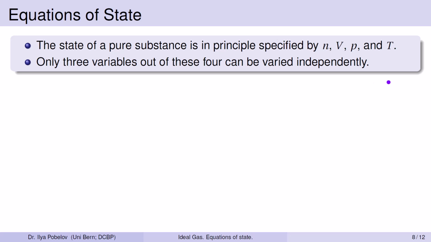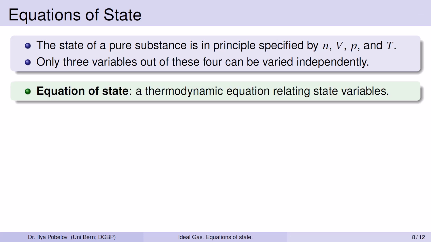That means, if we know the values of any three of these variables, the fourth one becomes predetermined. What binds these variables together? The answer is the equation of state. This is understood as a thermodynamic equation relating state variables.